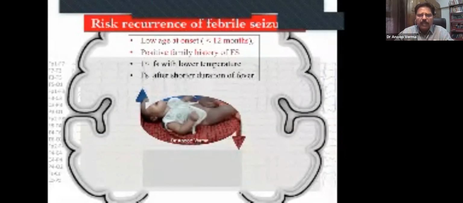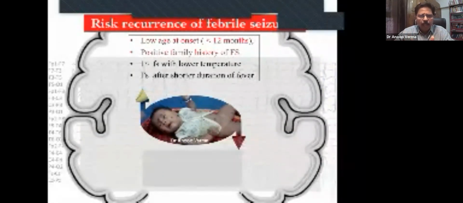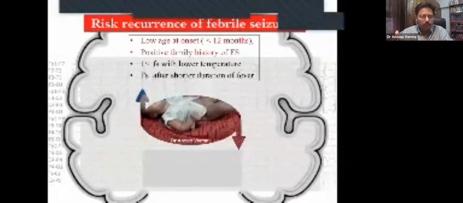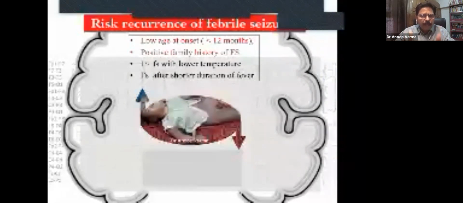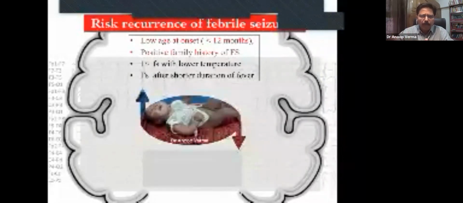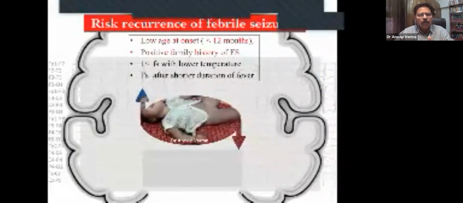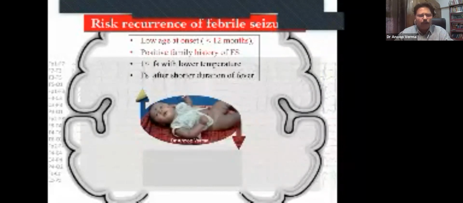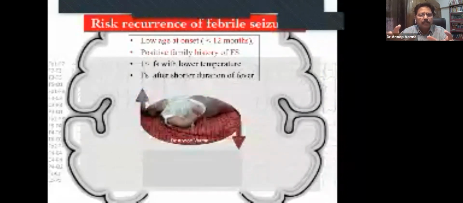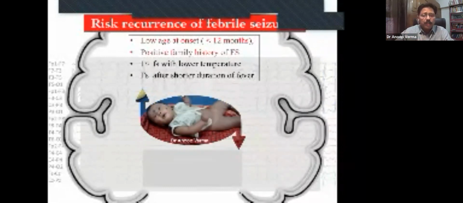If the child is less than 1 year of age, has a positive family history of febrile seizure, the febrile seizure occurred at a very low temperature, maybe 100 or 101, or the seizure came just after a short duration of fever, say 3 hours, these are the risk factors which can predict future recurrences.